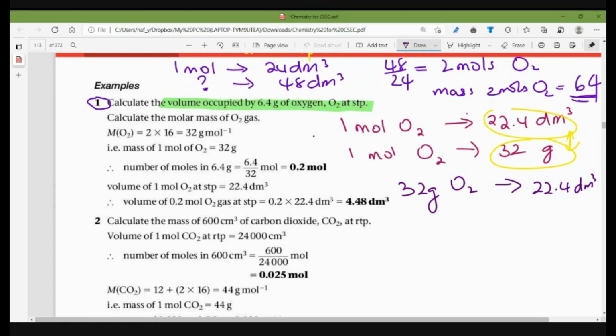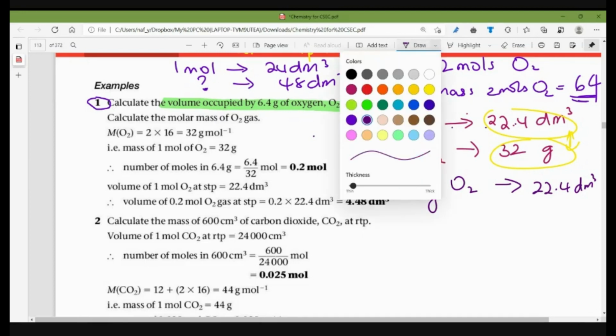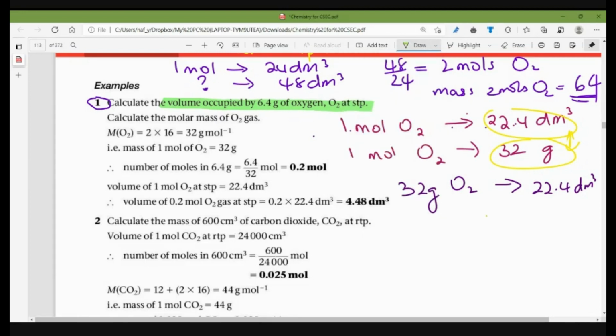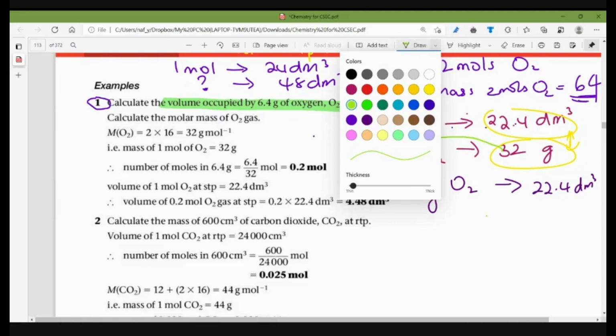So instead of saying 1 mole of oxygen occupies 22.4 dm cube, I know the mass, and so I'm going to substitute the word 1 mole of oxygen with the grams associated with it. So I get 32 grams of oxygen occupies 22.4 dm cube.